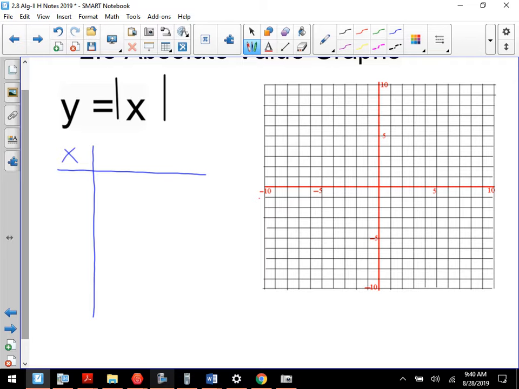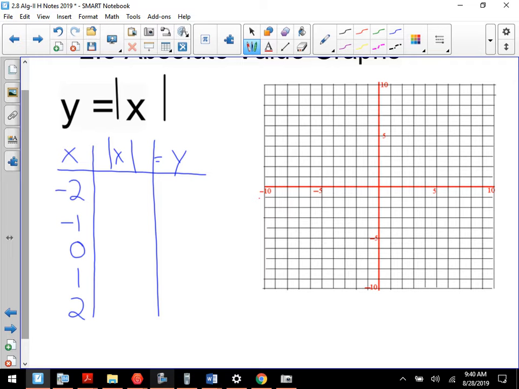So we chose easy values. Usually we chose values on either side of the axis so we know what was happening both positive and negatively. So I always chose this as -2, -1, 0, 1, and 2. I always pick easy numbers. Numbers that make sense. I input and it generates my output. Okay?